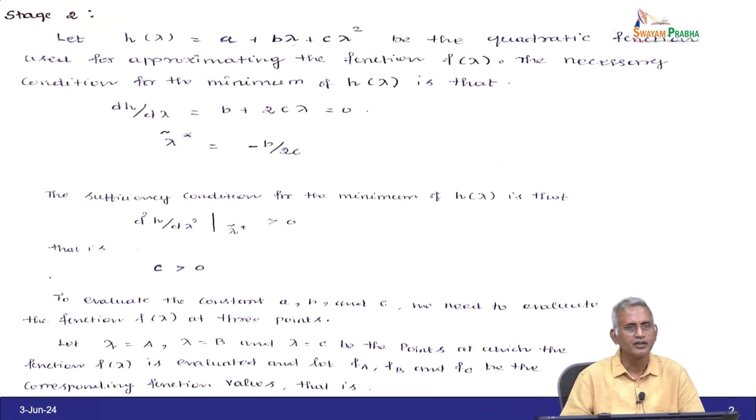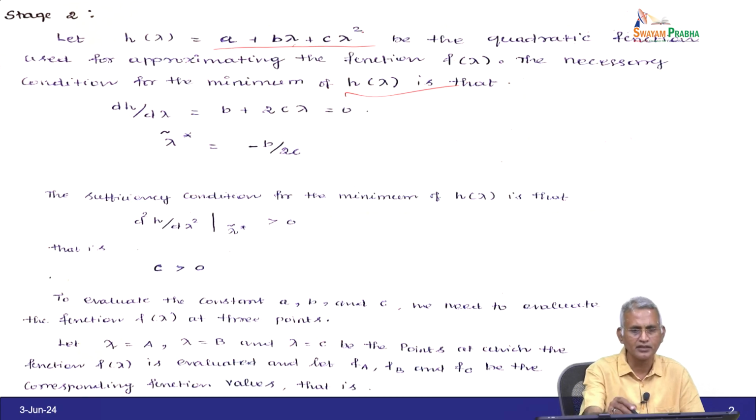Stage 2: let h of lambda equal to a plus b lambda plus c lambda square be the quadratic function used for approximating the function f of lambda. The necessary condition for the minimum of h of lambda is that dh by d lambda equals 0.